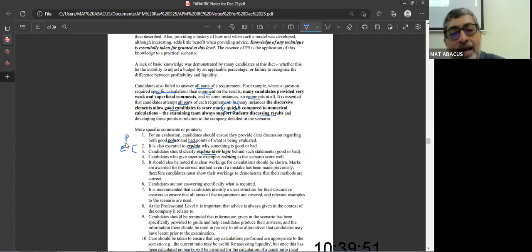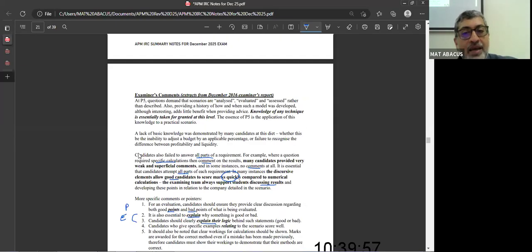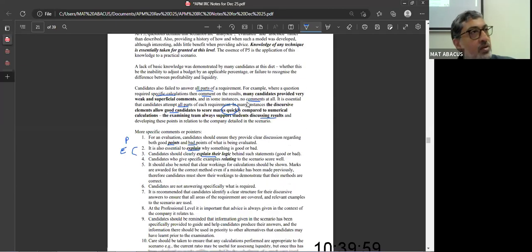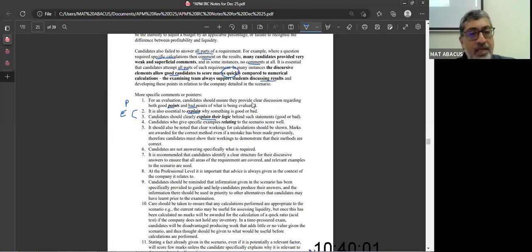The technique I ask the students to do is from before 2016, but finally, in 2016, the examiner actually recommends this technique. You can see here, give a point, explain the point, then relate. That's the R that I always ask the student to do, relate to the scenario. So this is why I ask students to use the technique of P, E, and R.